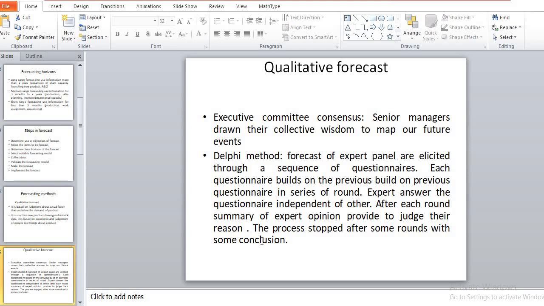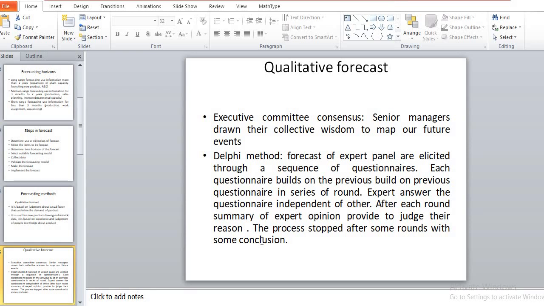They collect the experts' opinions about the questionnaire, and these opinions are again put in front of the other experts. The opinion of one expert is put in front of the other experts, and after discussion about that opinion, they make a particular decision.